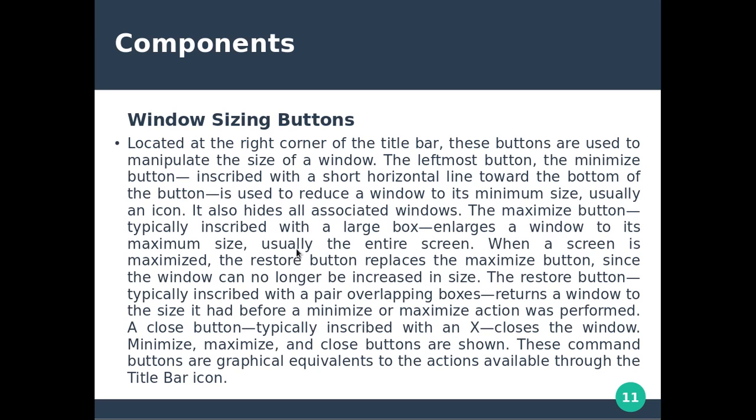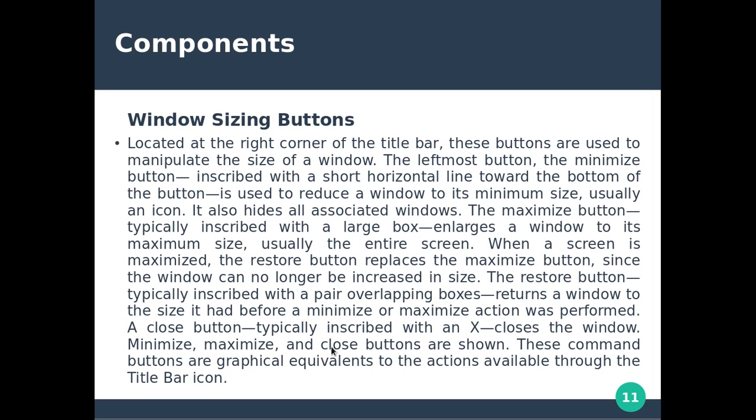When a window is maximized, the restore button replaces the maximize button. Since the window can no longer be increased in size, the restore button, typically inscribed with a pair of overlapping boxes, returns a window to the size it had before the minimize or maximize action was performed. A close button, typically inscribed with an X, closes the window.